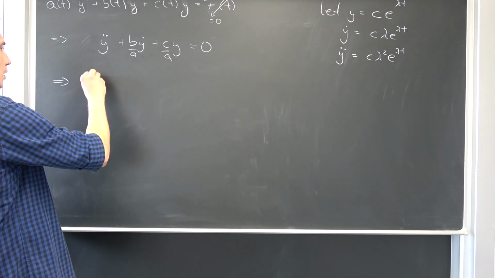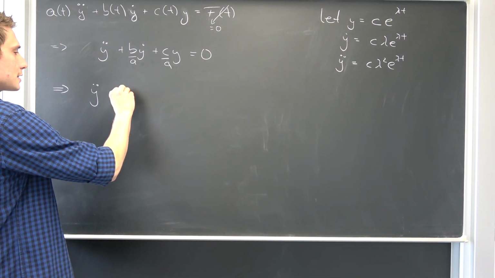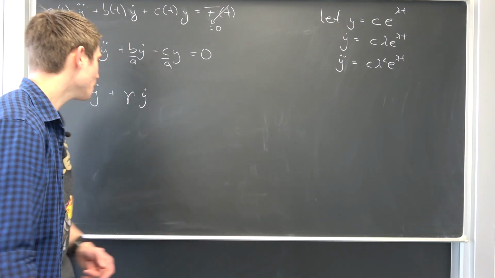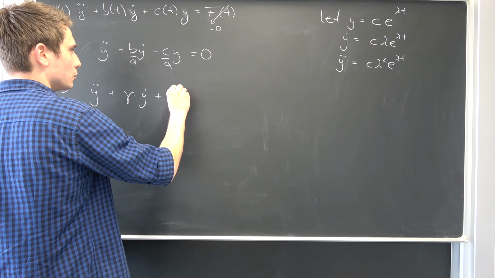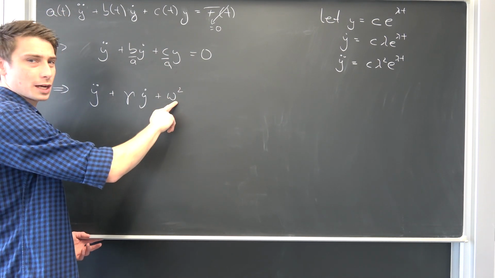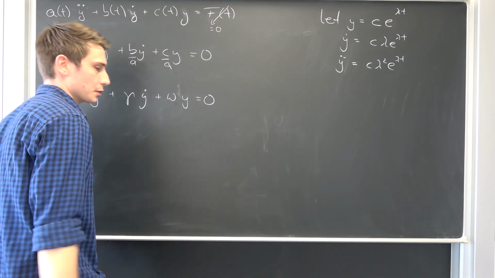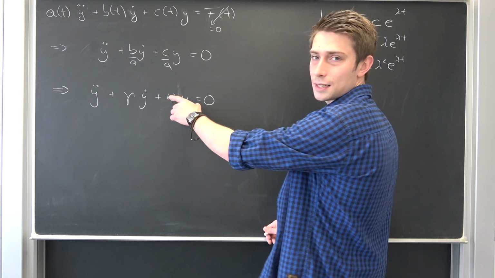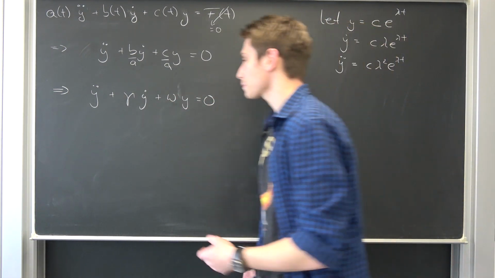So this is now y double prime plus, let's say this is gamma times y prime. I'm going to put it in a physics form, you could say, plus omega squared. Most of the time you're going to find this, it really doesn't quite matter, times y being equal to 0. Okay, we are going to put it like this. This is without any units, so we really don't care about units right here.